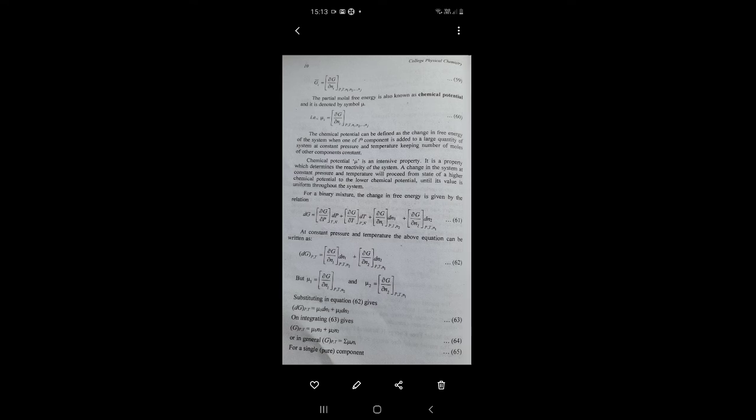So chemical potential can be very well explained in a binary mixture. What is a binary mixture? A mixture consisting of two components is called a binary mixture.